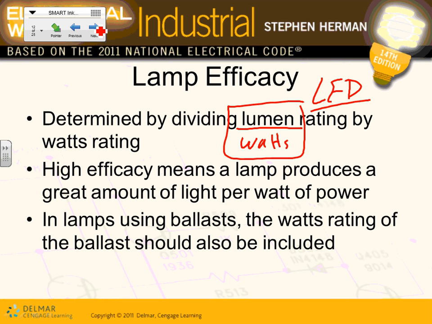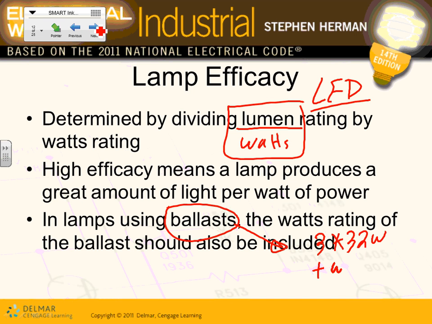Okay, so when you are using a ballast or a driver, you have to take the watts consumed by the ballast into consideration. For example, if you have a fluorescent light, guys, with three lamps, each one of them, let's say, 32 watts. Is this all the watts that this fixture is going to take? No. What else do you need to add to it?